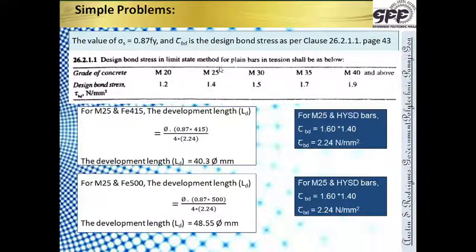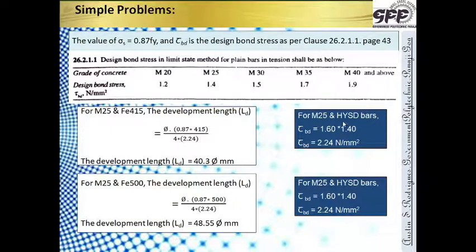So when I'm considering M25, the bond stress will be taken as 1.4. But we have seen in the codal provision that whenever we are using the deformed bars, the bond stress will be enhanced. The bond stress will be increased by 60%. So let us look at what is happening over here.